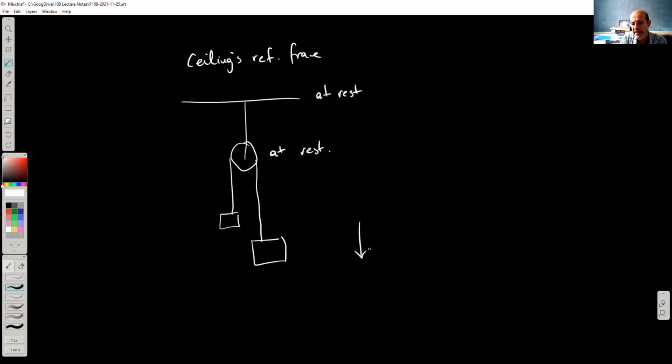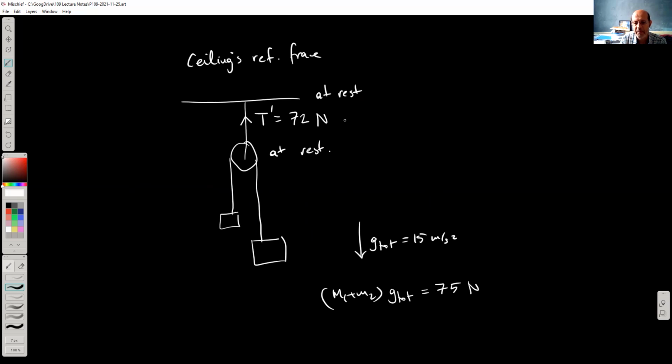Here the gravity is the total gravity, which is 15 meters per second squared. So in that case, the apparent weight in here is going to be the total mass times the total gravity, which is 5 times 15, so that's 75 newtons. However, the tension in here is 72 newtons.